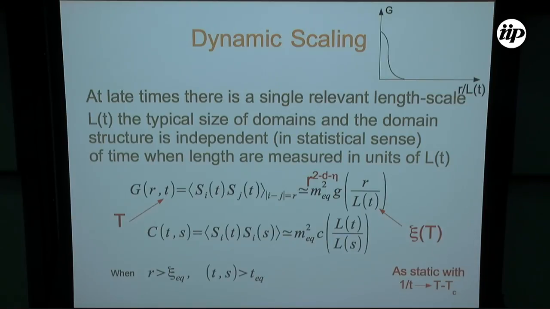So this is something reminiscent of equilibrium scaling.